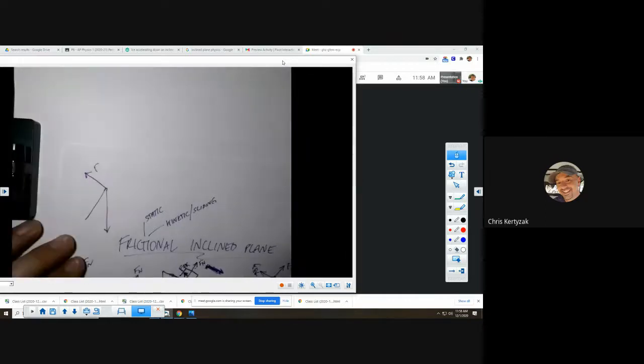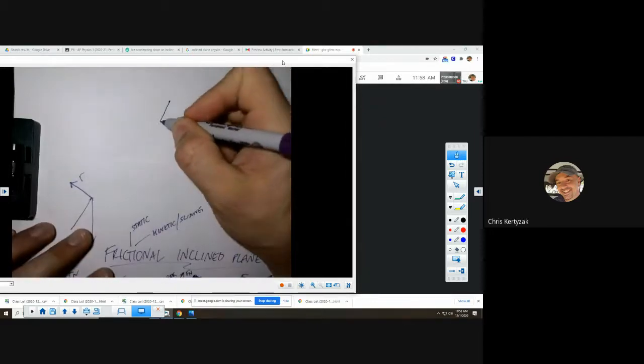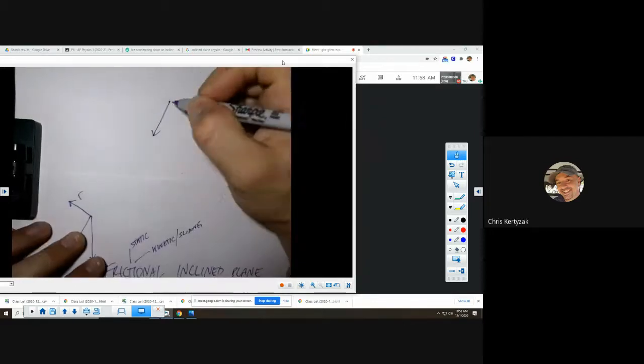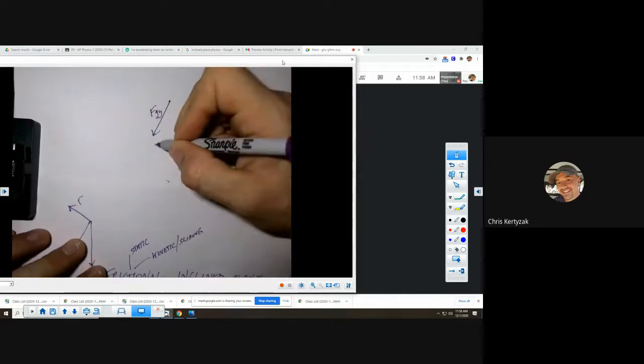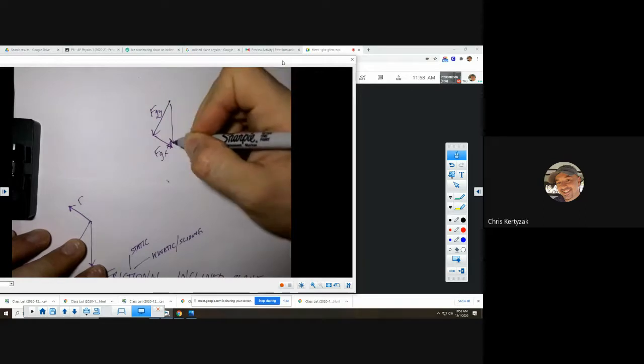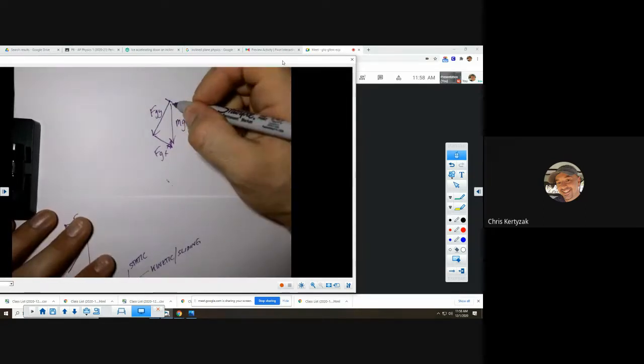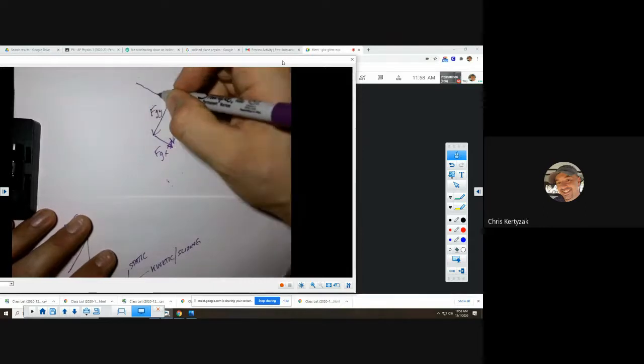So now that we have this here, draw this again. This was FGY. This was FGX. This was mg, the weight of the object. Say this was, again, the block.